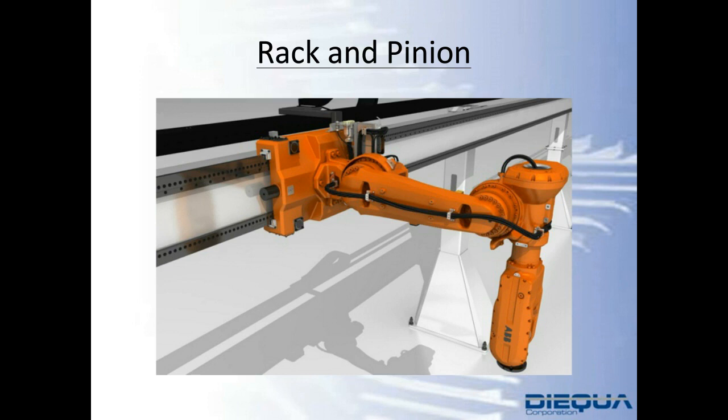So here we have a combination of gearing solutions. Cycloidals typically used in each degree of freedom or joint on the robot, and a servo precision worm with a robot flange is used to drive the pinion, which moves the robotic carriage along the rack and pinion or the linear guide system. Well said.